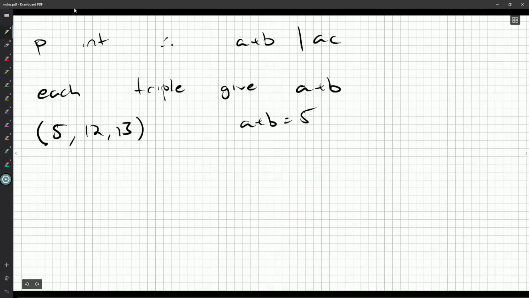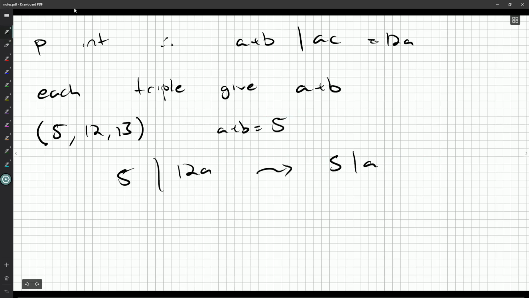And then ac is going to be 12a. So a plus b is 5, so we need 5 to divide 12a. 5 is a prime, so we need 5 to divide a. So a is 0 or 5.